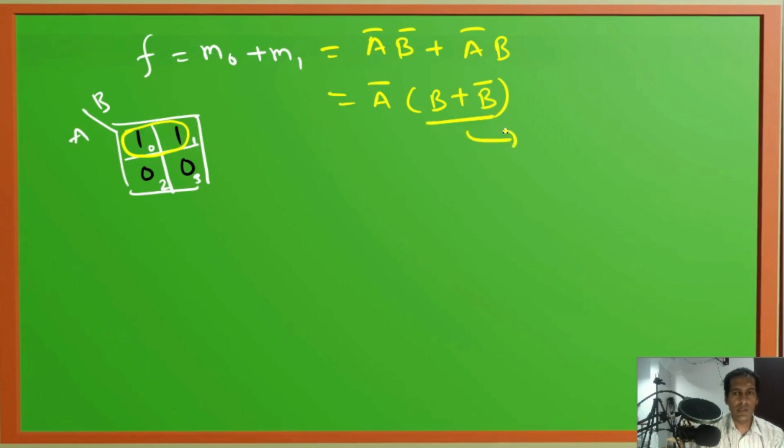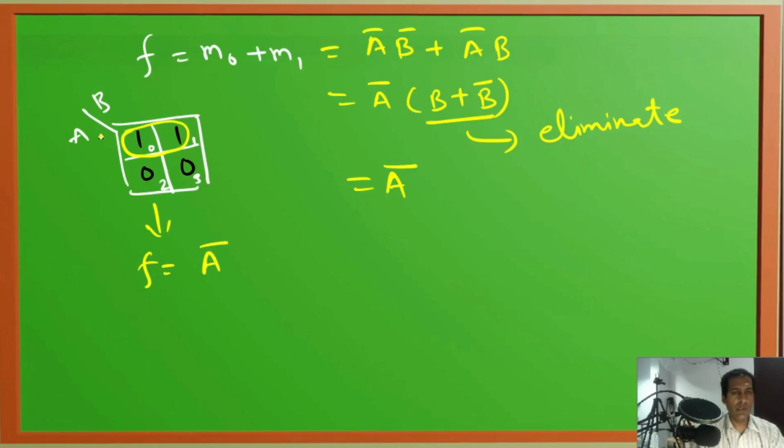So this one we can eliminate as 1. So here we get only a bar. So this function is representing a bar. So here we have a bar b bar, a bar b. So only a bar will be existing. So this is 0 1, this is 0 1.